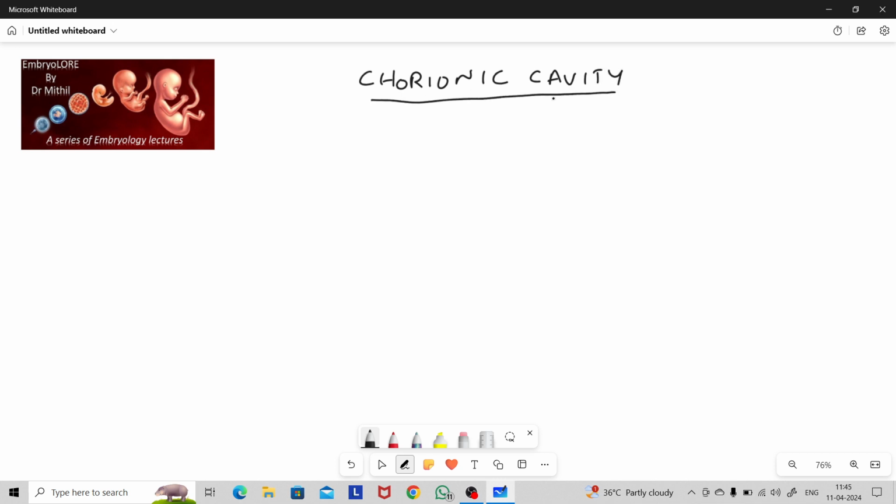It is a large fluid filled cavity surrounding the embryo, and it is the space which completely surrounds the primary yolk sac, bilaminar germ disc and also the amniotic sac. The embryo, the bilaminar germ disc along with the amniotic sac and yolk sac, is now suspended in the large chorionic cavity by the connecting stalk.